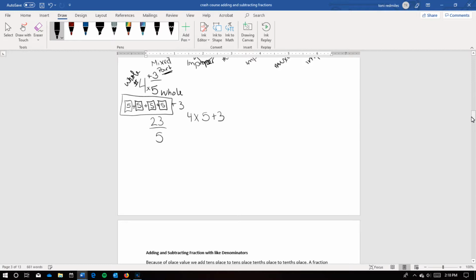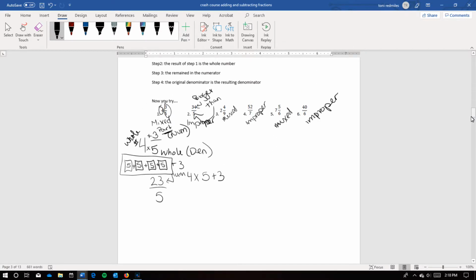So I just multiply the whole number by the whole part, or the denominator of the fraction, plus the part or the numerator of the fraction, to get our new numerator, and the bottom always says 5 because it still is 5 Skittles that make 1 bag.